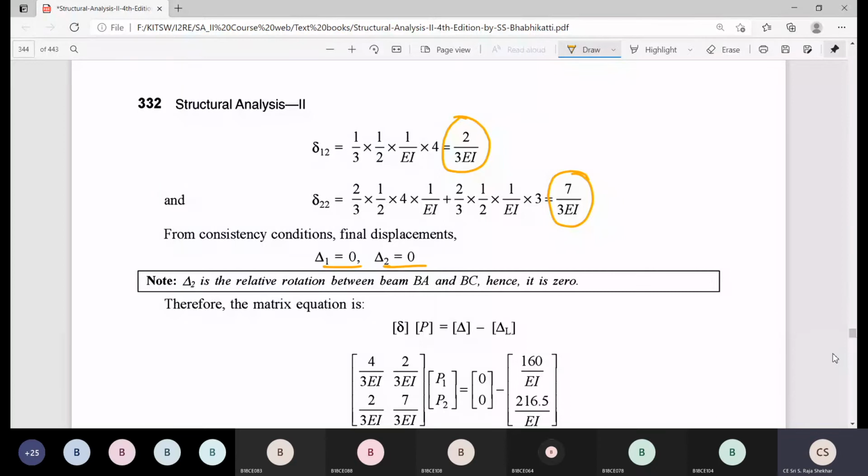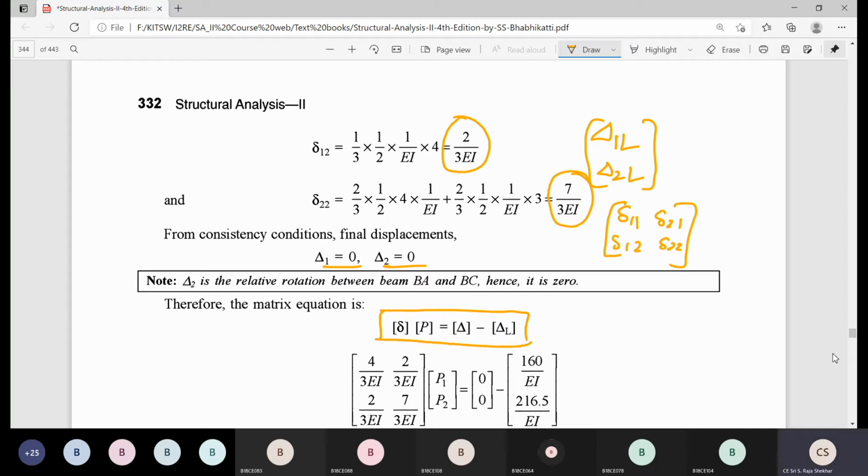So now we have formed the displacement due to loading matrix, that is delta 1L and delta 2L, as well as the flexibility matrix, delta 1 1, delta 2 1, that is delta 1 2, delta 2 2. Just substitute in the equation: delta P will be equal to delta minus delta L. For this case, the delta values are equal to 0, only delta L values are there.